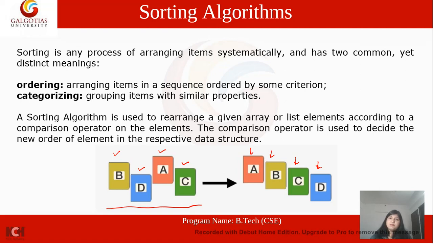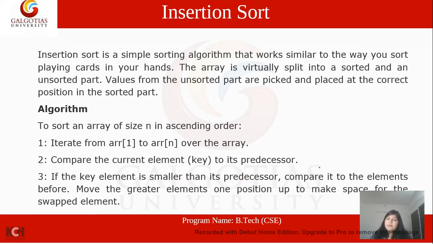Let us see some more detailed examples of a variety of sorting algorithms. The first one is insertion sort. Insertion sort is a simple sorting algorithm that works similar to the way you sort your playing cards in hand. Generally, the array is virtually split into a sorted and an unsorted part.